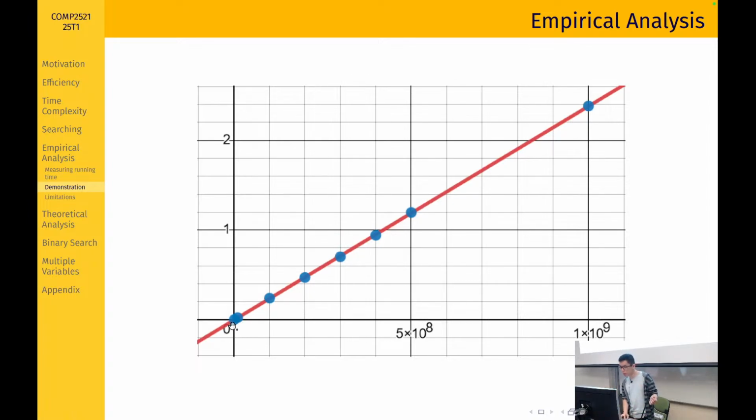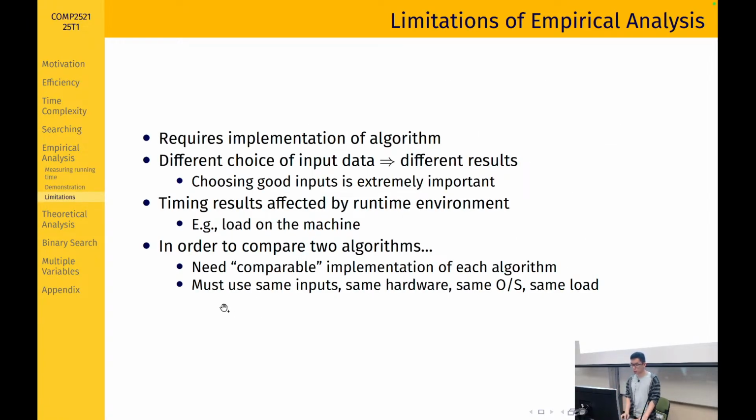For one type of input, the amount of time taken might grow linearly. For another type of input, the time taken might grow quadratically, so n squared. And we'll see that next week with sorting algorithms. The consequence of this is that you would have to time different types of input.